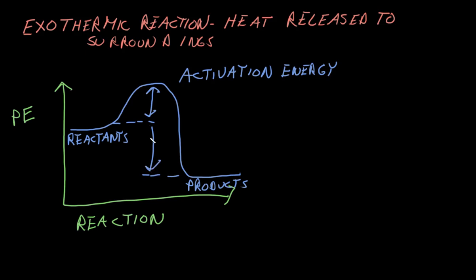This amount of energy, remember you always got to account for energy. Energy can't be destroyed nor created. It can only transfer. And so this is the energy that is released, energy released to the surroundings. Now remember, when energy is released, the surroundings are going to feel warm.